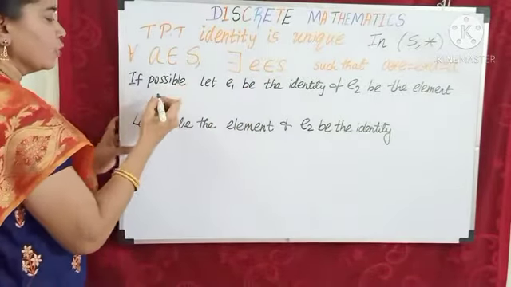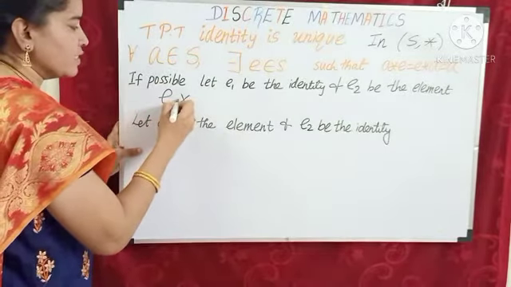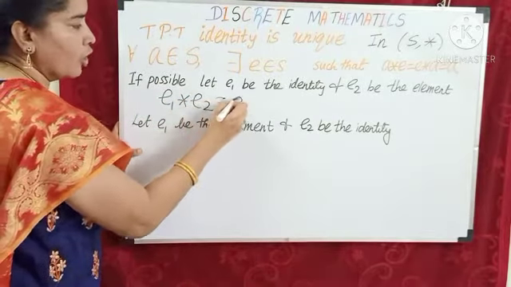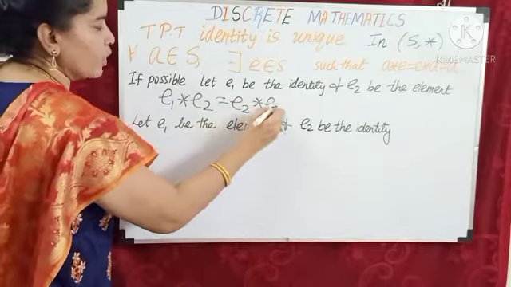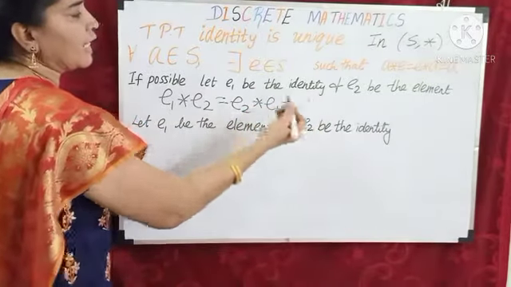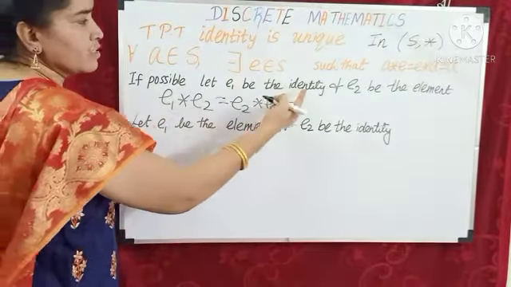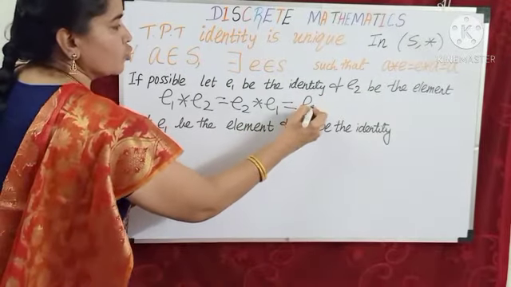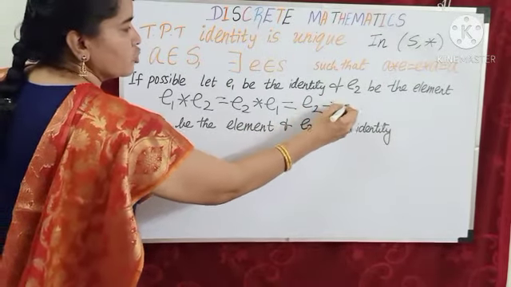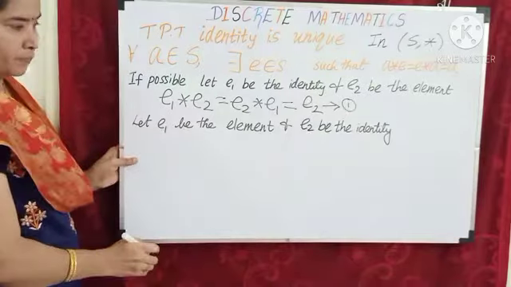So here, E1 star E2 or E2 star E1 should give me the element. In this case, what is the element? E2. So my RHS is E2, call it number 1.